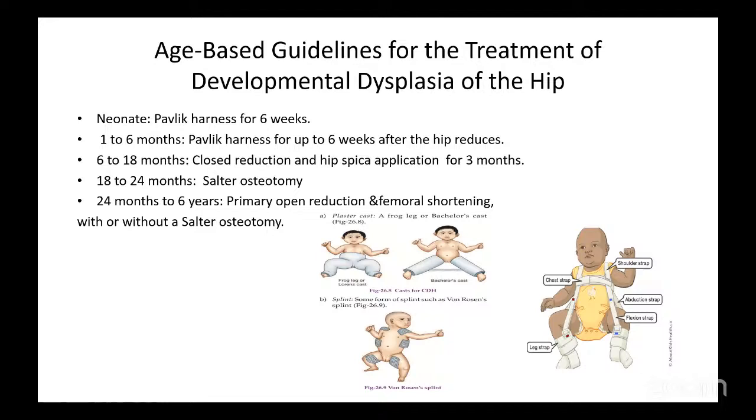Because when the baby starts moving the knees, ankles, hips, there is a high chance of getting dislocated repeatedly, even though you reduce. So that opposite movement we apply through the Pavlik harness to maintain the reduced position.